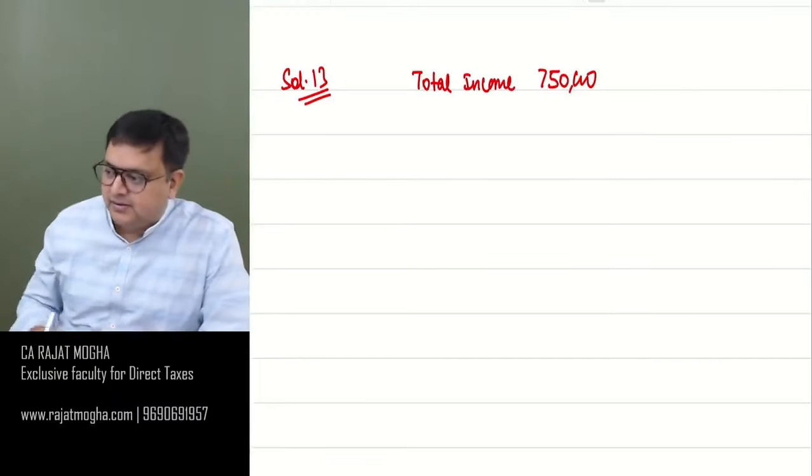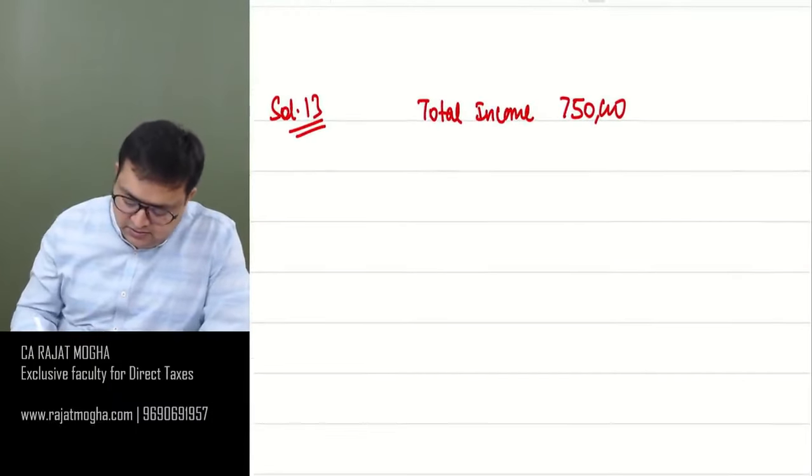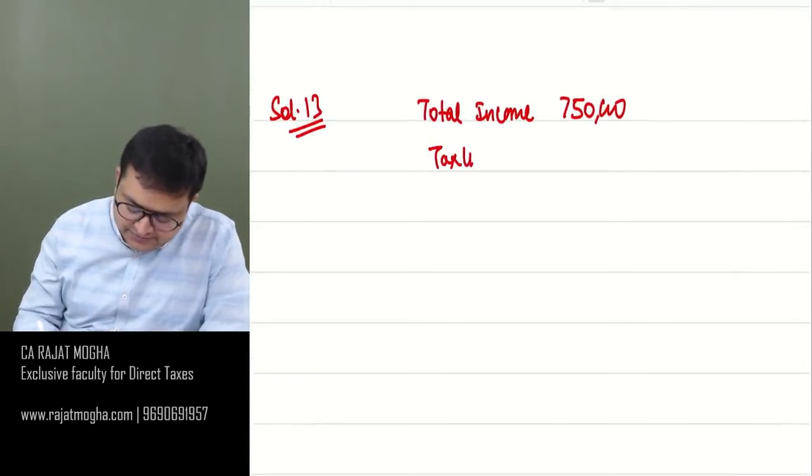Solution number 13. Everybody write with me. This person is following the optional regime. Her total income is 7,50,000. Compute her tax liability.